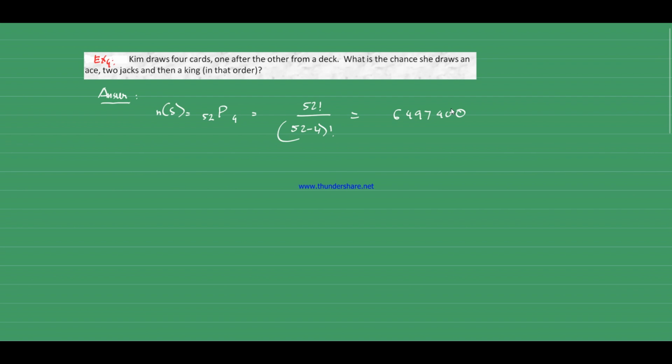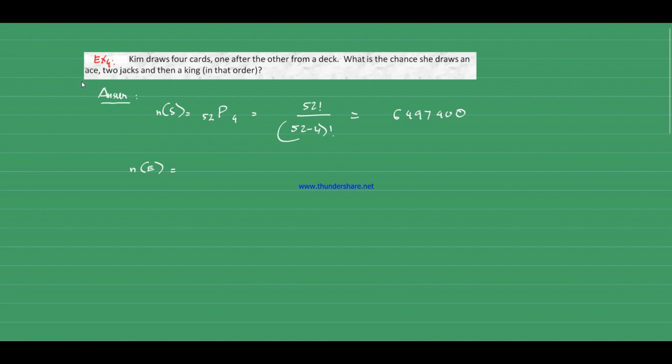Then now we need to find the cardinality for the event set. Okay, so let's see how we do this. So we want to draw an Ace, and an Ace here. H over here, sorry. There are how many aces in the deck?